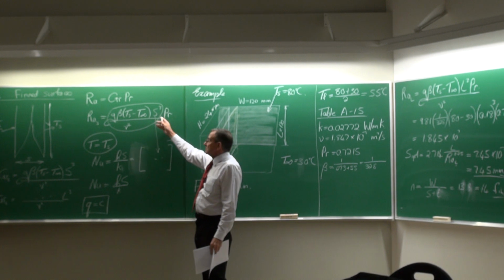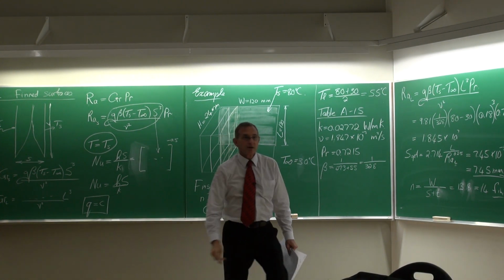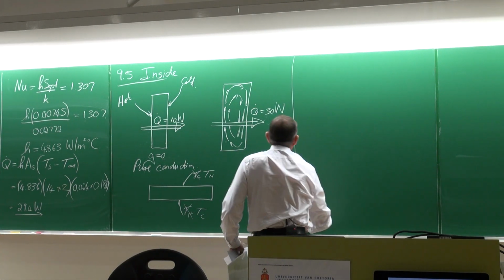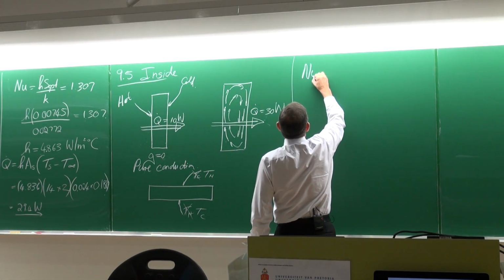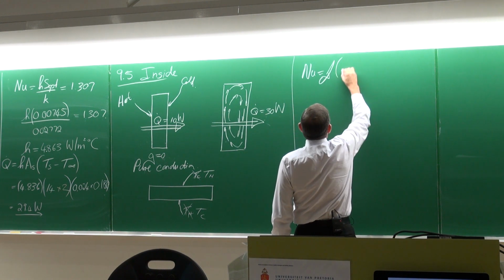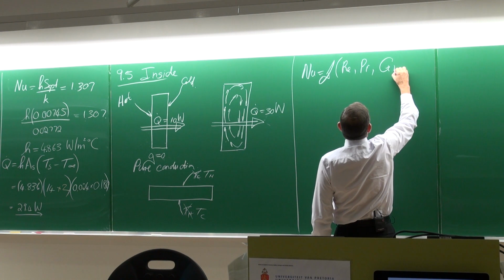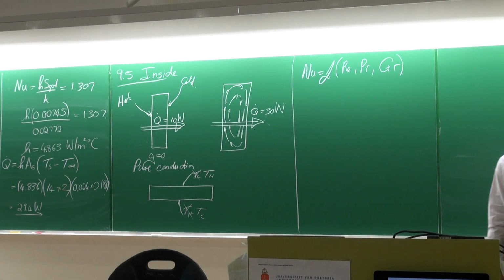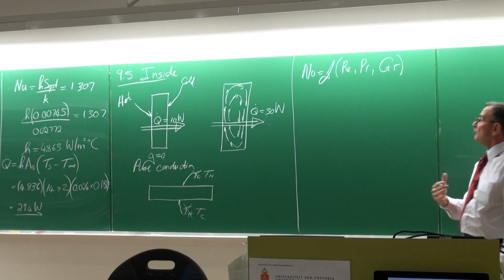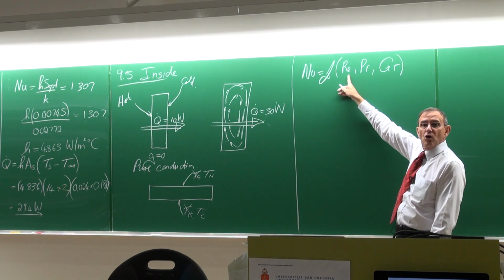Then you calculate the Grashof number, because with all of them, fundamentally, we've said that the Nusselt number is equal to a function of the Reynolds number, the Prandtl number, and the Grashof number. Now with forced convection, this term is quite large.